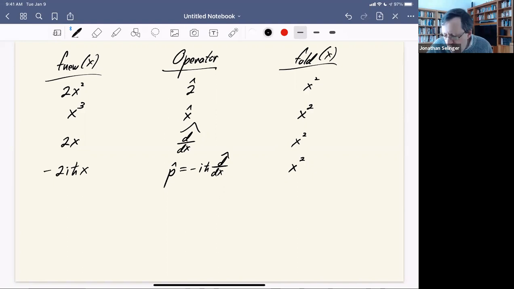Okay, so here are several examples, right? And we can make more examples. We could have an integral operator, right? Or other kinds of things.